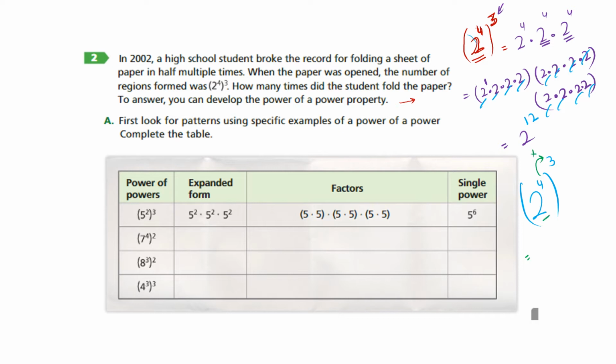So we write the base one time and multiply the powers, that means 4 times 3, which is 12. You can see that whether you expand it or use the property, the answers are the same.